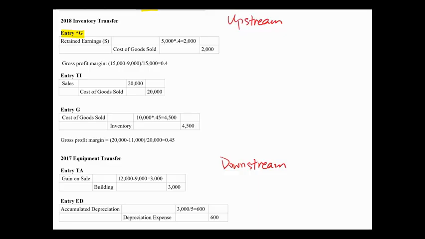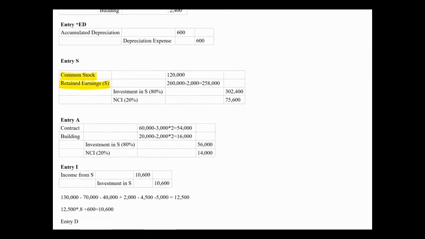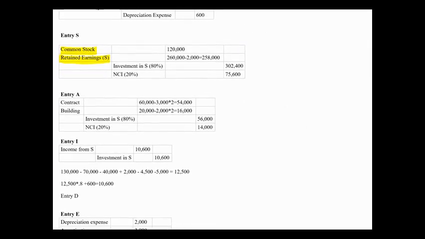So here we debit retained earnings by 2,000, meaning that we deduct retained earnings by 2,000. That's why we use 260,000 minus 2,000 to get 250,000. Those are the debit accounts, and then we allocate 80% of the total debit to investment in subsidiary and allocate 20% to non-controlling interest.